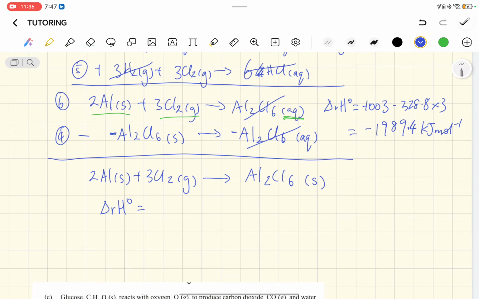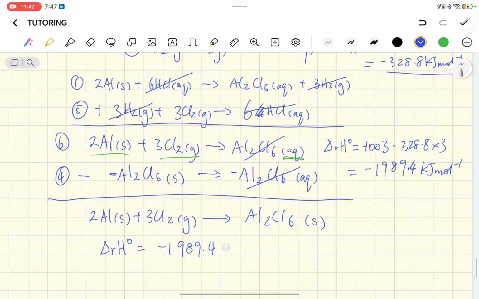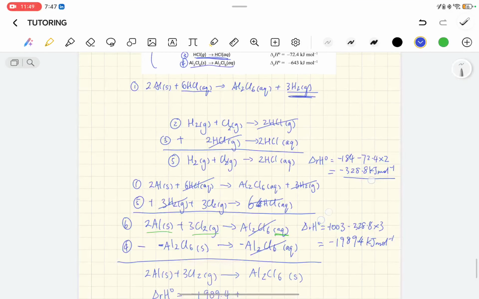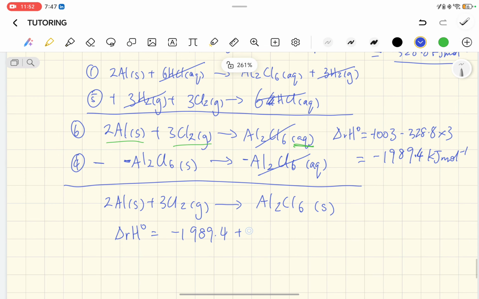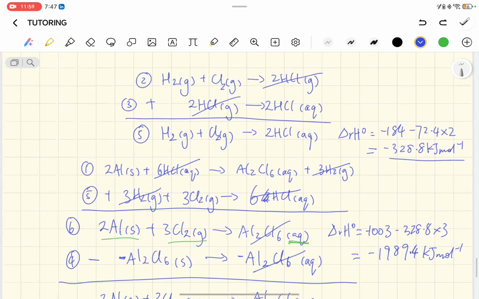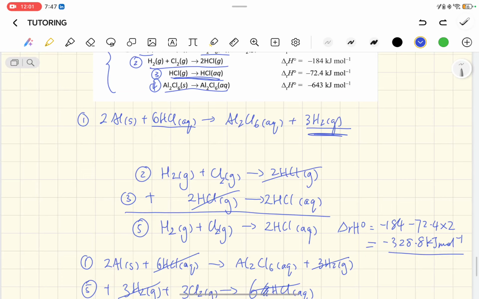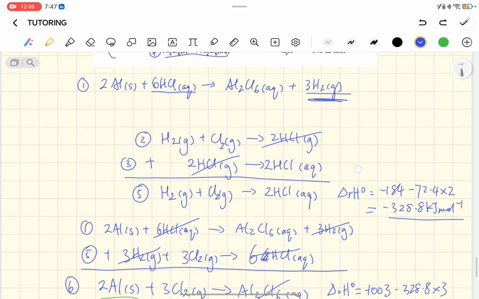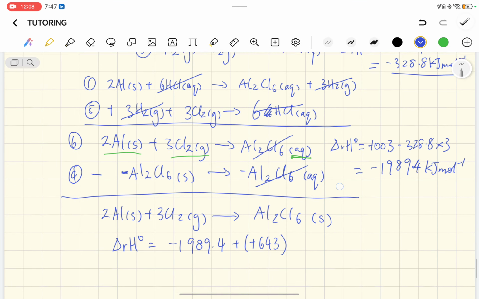And this has a reaction enthalpy of, so for reaction 6 we have negative 1989.4, and we're going to add on the enthalpy change of reaction 4, which is negative 643. But we put a negative at the front because we want the opposite of reaction 4. We want to go from an aqueous to a solid, not from a solid to aqueous. So this negative becomes a positive. So essentially we just put it as a positive.